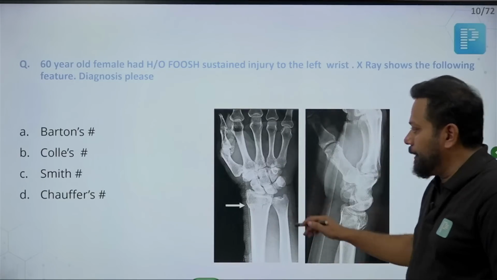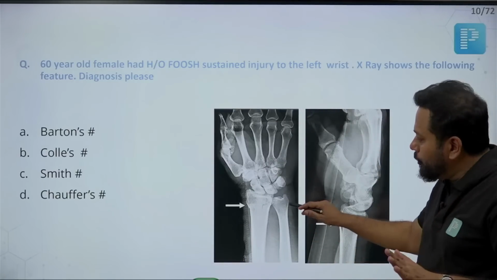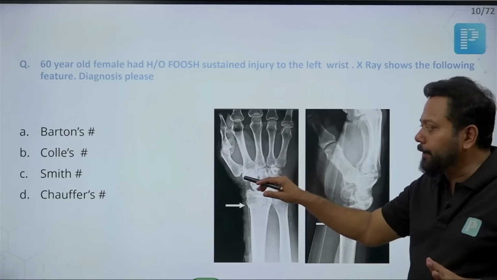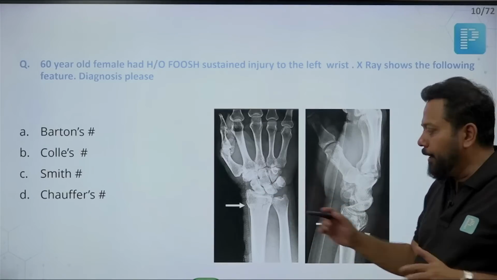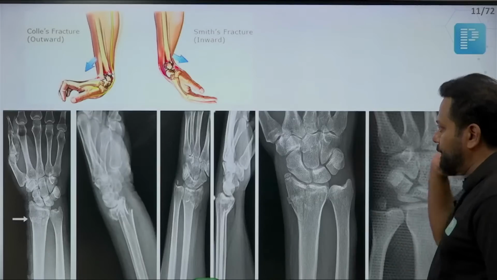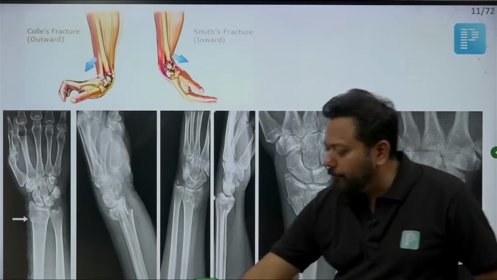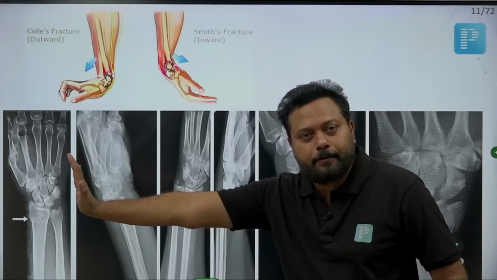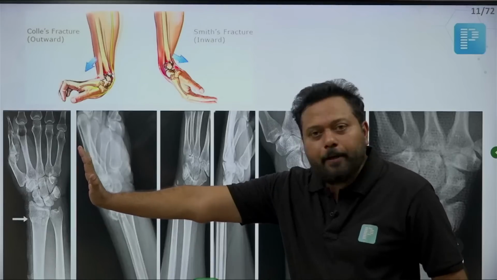Now let us see about Colles fracture. How to differentiate Colles from Smith, how to differentiate Colles from Barton's, and what is Schaffer's. I will show you beautiful x-rays. Whenever a patient falls on an outstretched hand, especially in extension like this, there will be a Colles fracture.